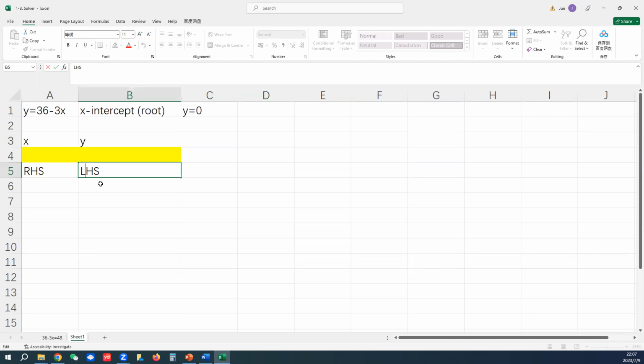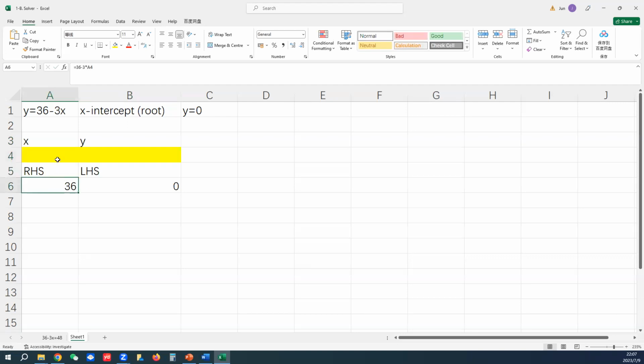The left-hand side is y, so I directly invoke the value above, which is the value of y, and the right-hand side is 36 minus 3 times x, where we invoke the value of x. This is the setup, and then we work out the x that makes y equal to 0.